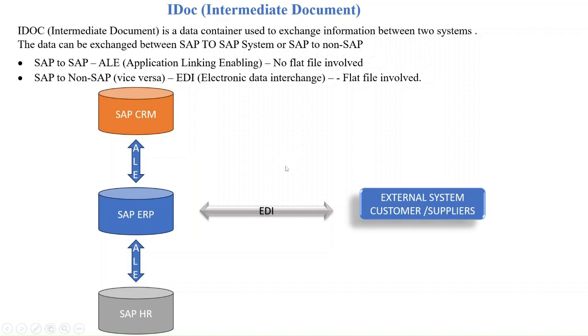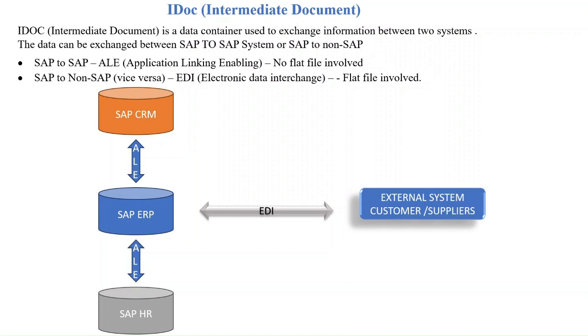ALE is used when it is a single network or the same network and we want to communicate between different systems. So we prefer the ALE concept in IDOC. EDI is used when the communication is between an external system and our business system.